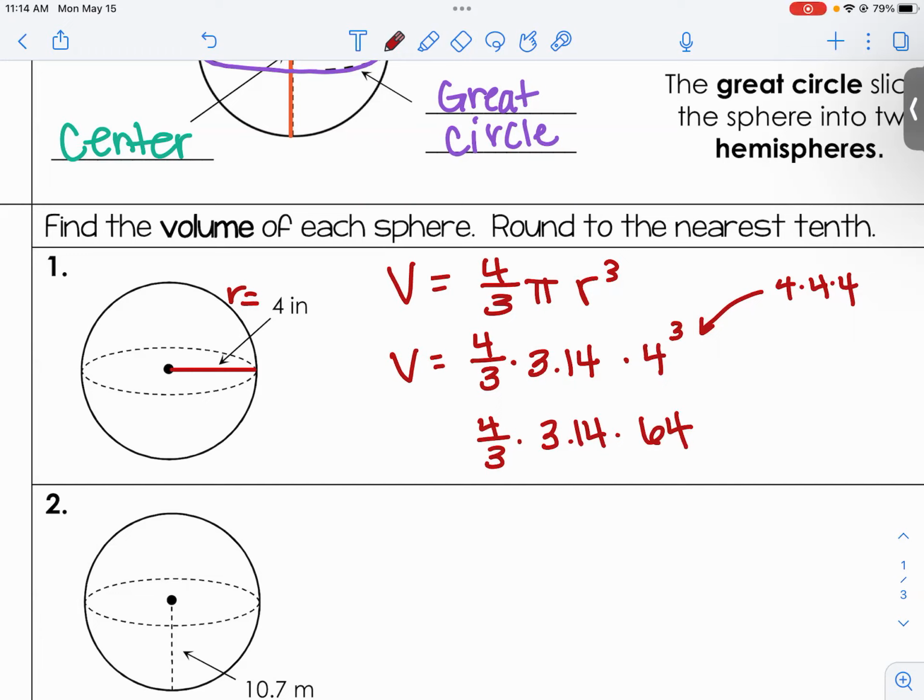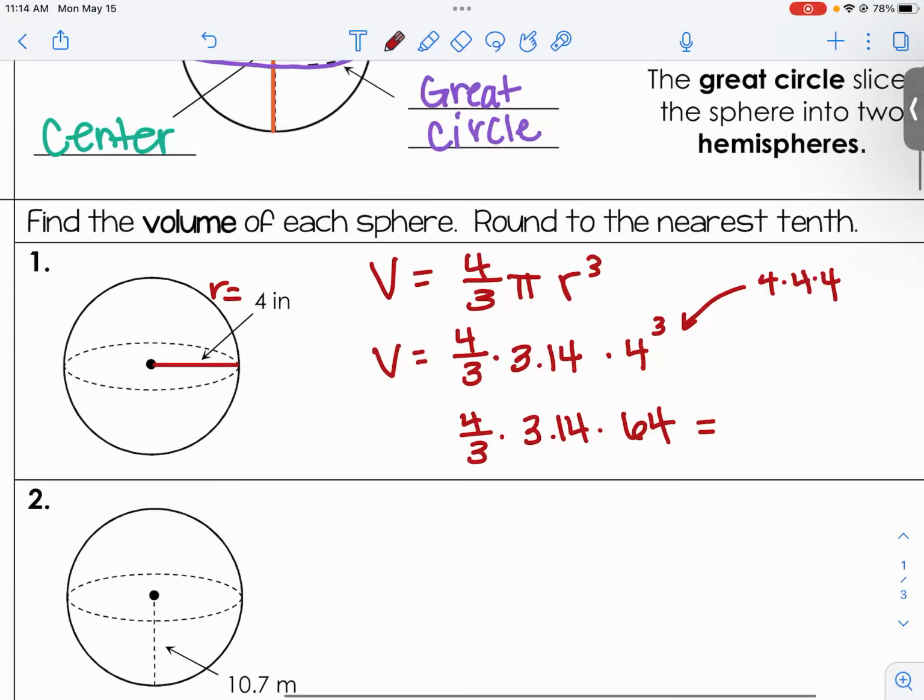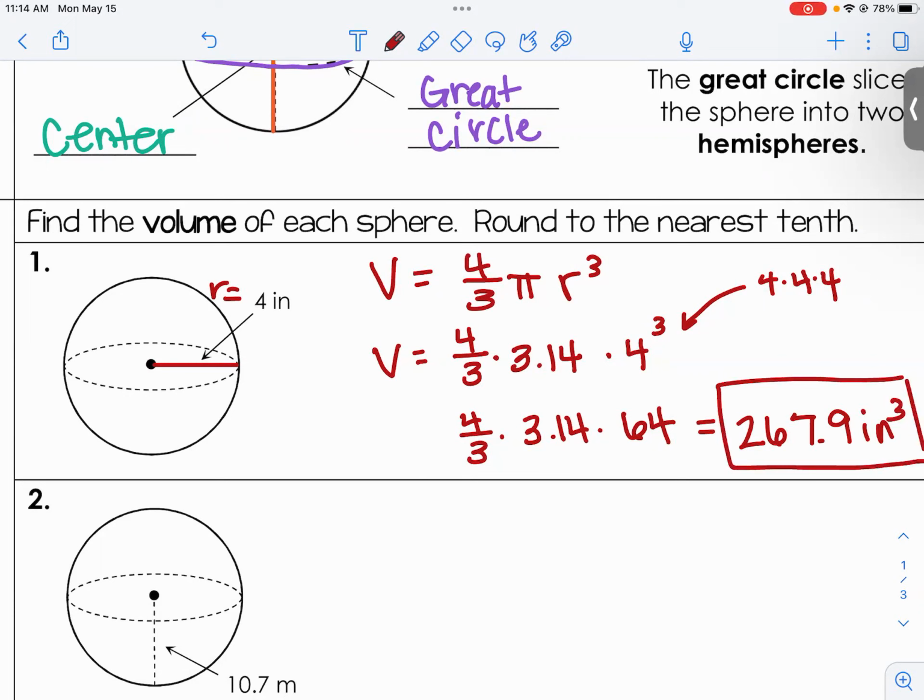Then in your calculator, you're going to multiply by 4 divided by 3. 267.9 cubic inches. So save the 4/3 to be very last, and you'll say times 4 divided by 3.